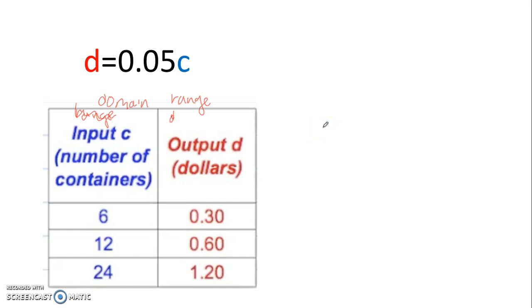So, input, 0.05 times, and we'll do 6. There's 6 containers, equals, how many dollars? 30 cents. Or $0.30, 30 cents. So that's how we got the output.